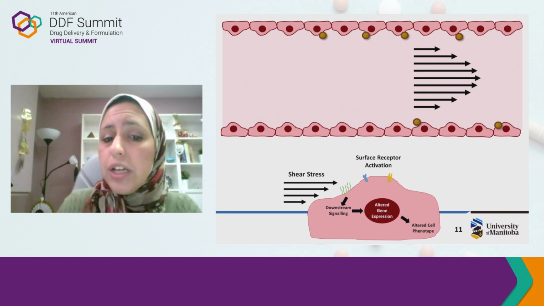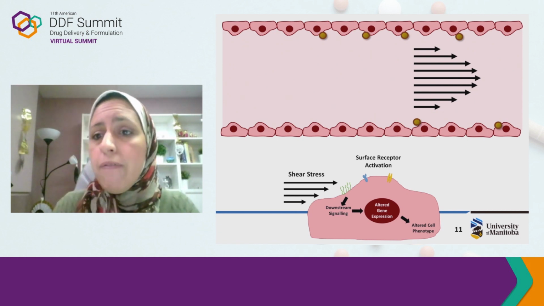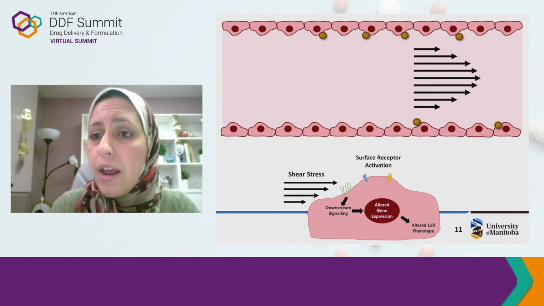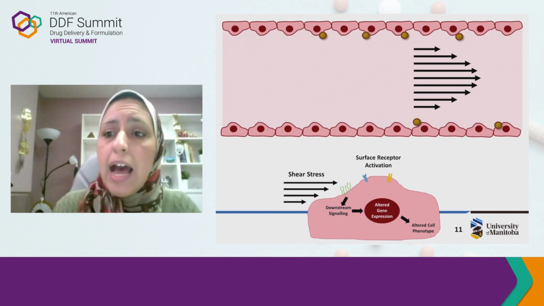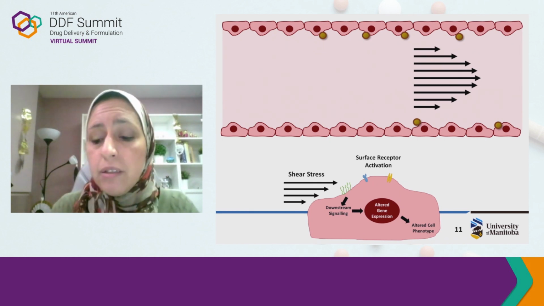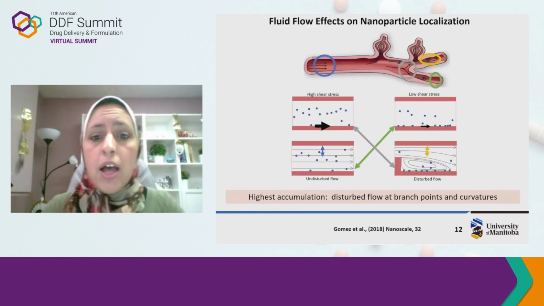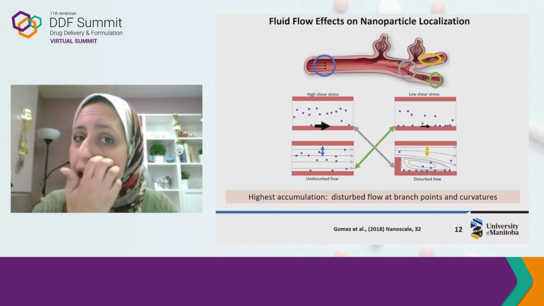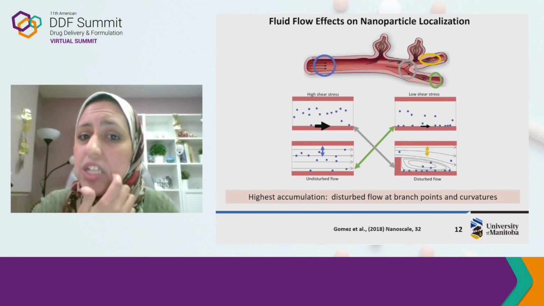So there could be downregulation or upregulation of specific receptors that affect how the cells interact with the nanoparticles, but also affect how the nanoparticles impact the cells either positively or negatively.